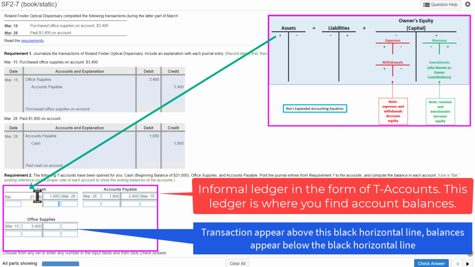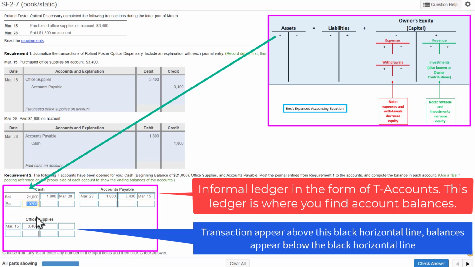So 21,000 minus 1,800 gives us $19,200, and then put BAL. Remember, always put the balance on the larger side. Which side is larger? 21,000 is way bigger than 1,800. And remember, the balances should almost always be on the plus side anyway.